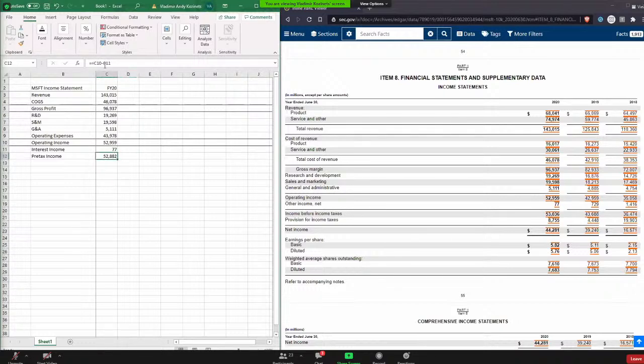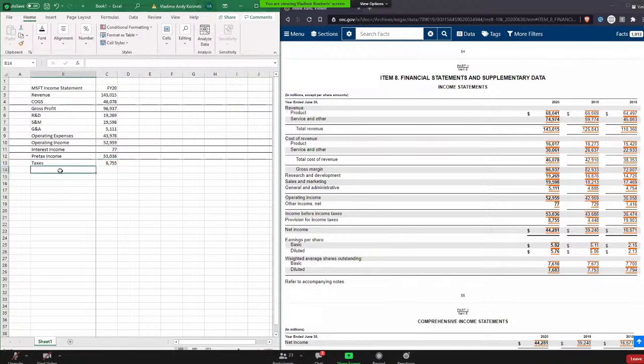Oh no, it's plus. Okay. There we go. Just make sure everything matches. And then we have provision for income taxes, that's taxes, and they are 8,755. 8 billion in taxes.